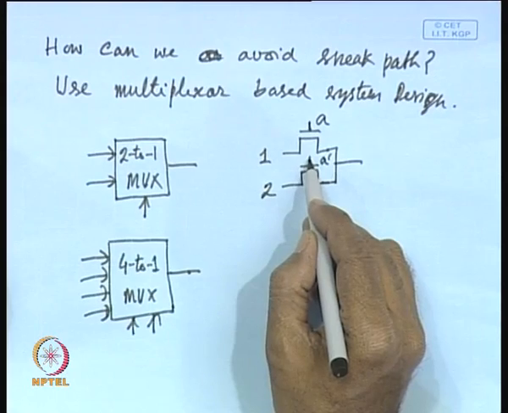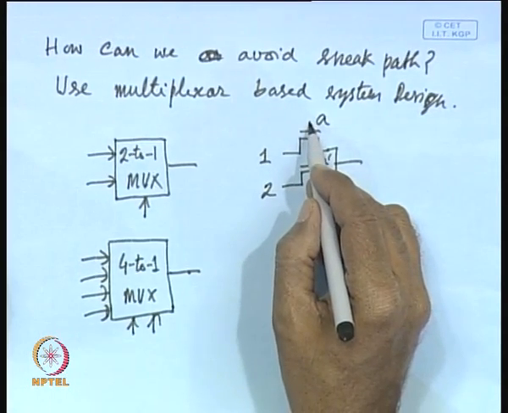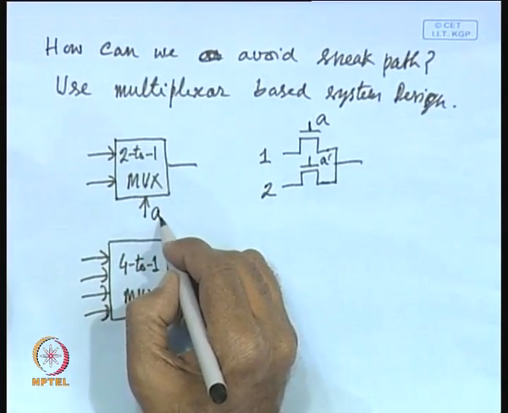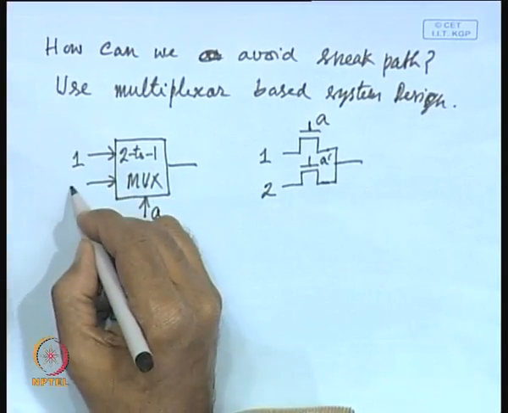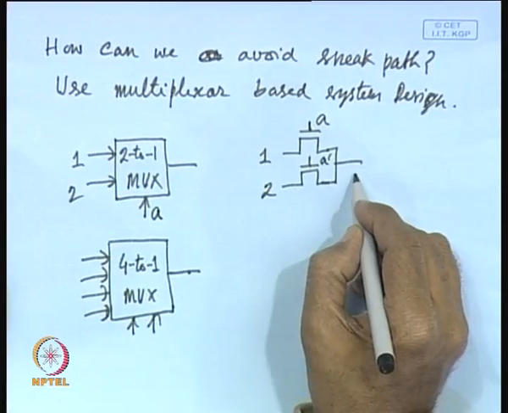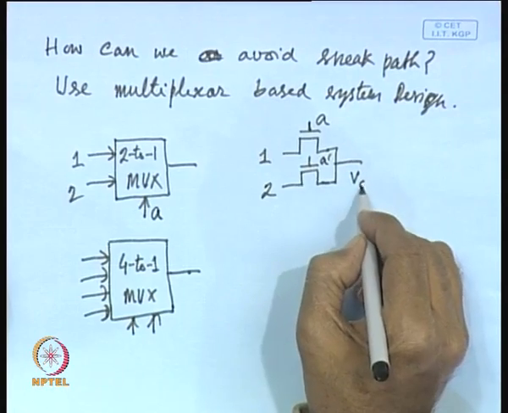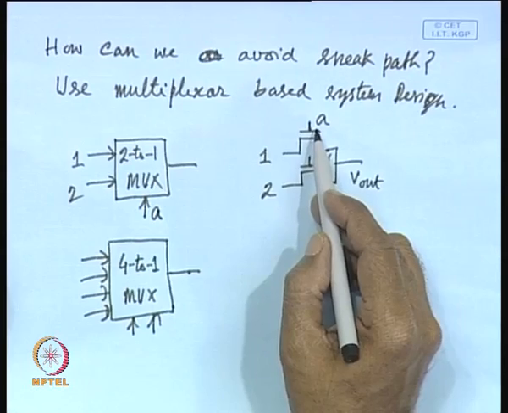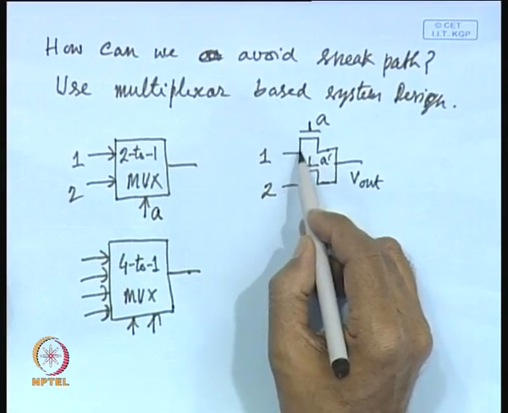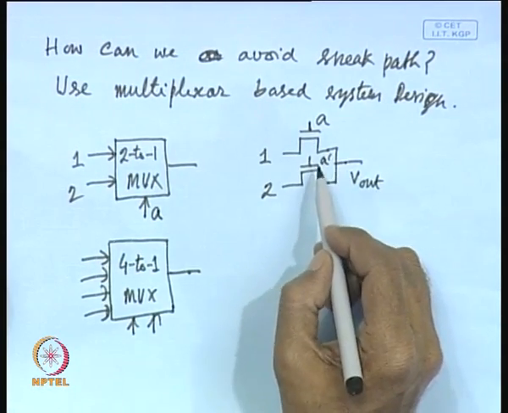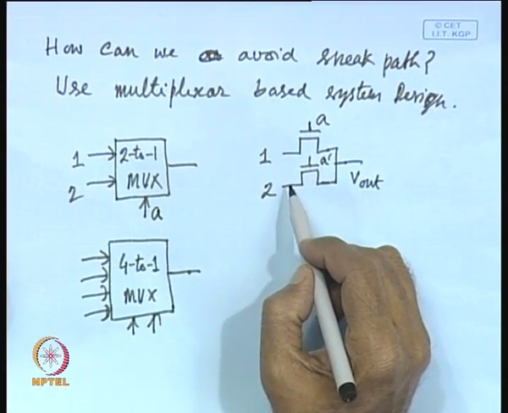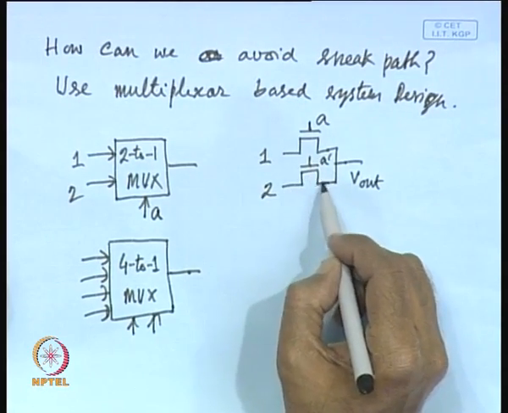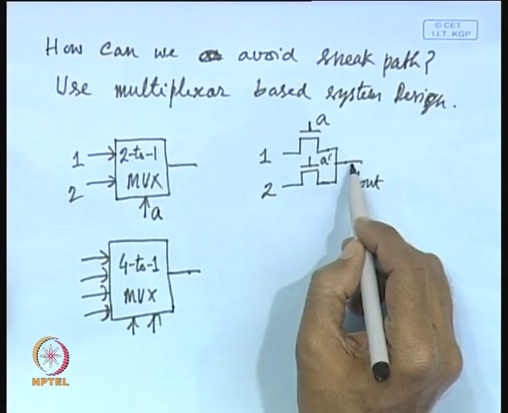That means your control signal is A, and here you are getting output V out. So, when A is equal to 1, input 1 is connected to the output. When A is equal to 0, then input 2 is connected to the output.